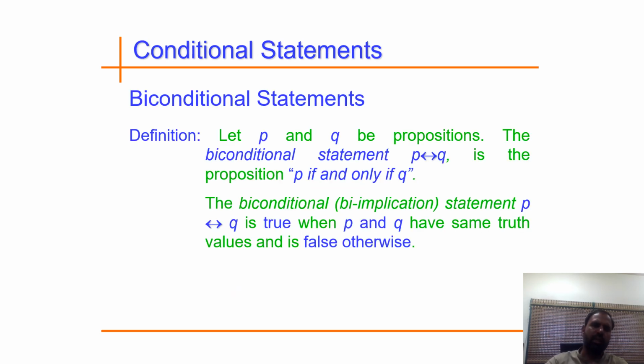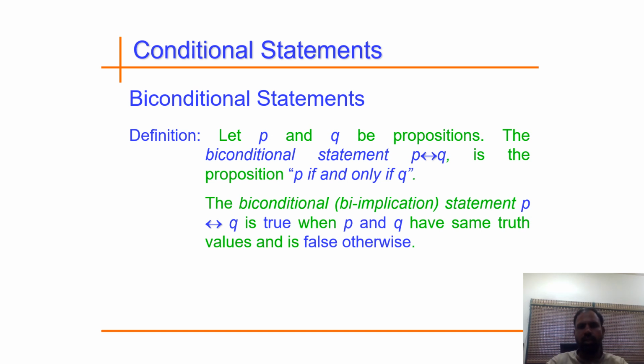Conditional statements, biconditional. Biconditional statements are like the reversible reactions in chemistry. Let P and Q be propositions, then the biconditional statement P if and only if Q is the proposition P if and only if Q. You can say if this happens, then this will happen, or if that happens, then the reactants were these.